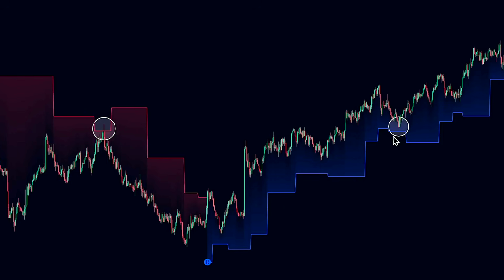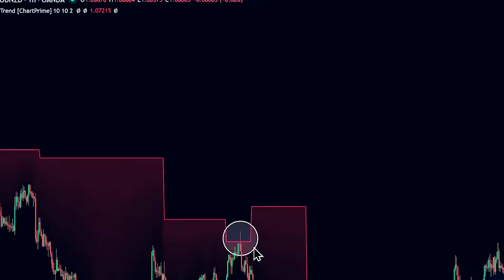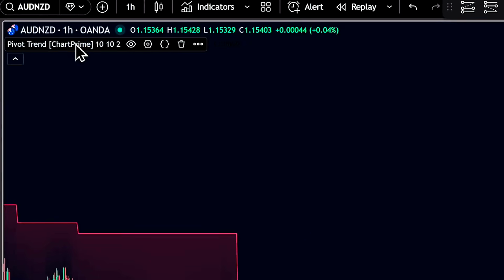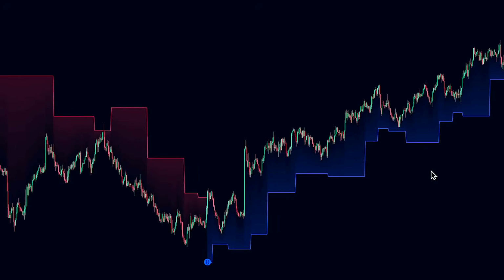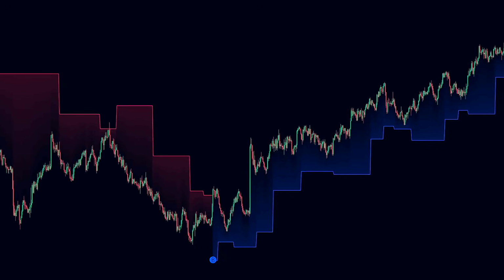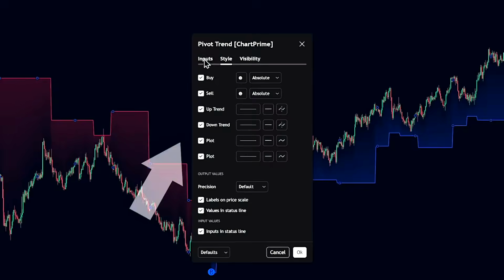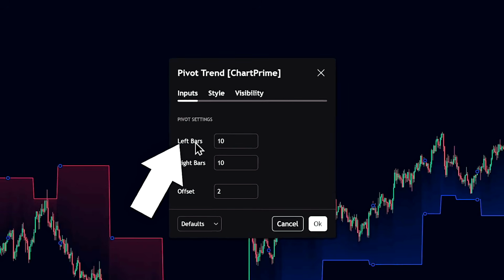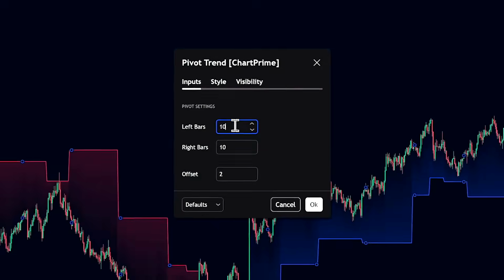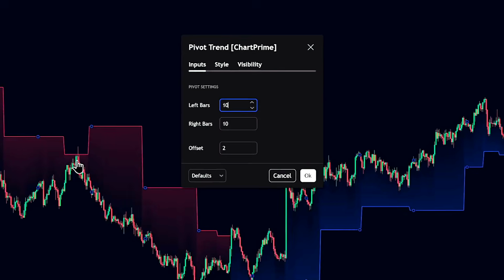Before we jump into this strategy, let's quickly walk through the settings, because this is where you define what market structure means to you. The first input is left bars. This is the number of candles to the left of the pivot that must be lower or higher for that pivot to count.